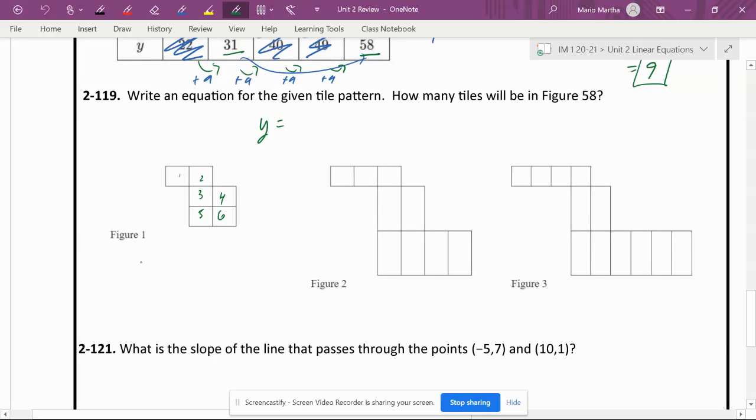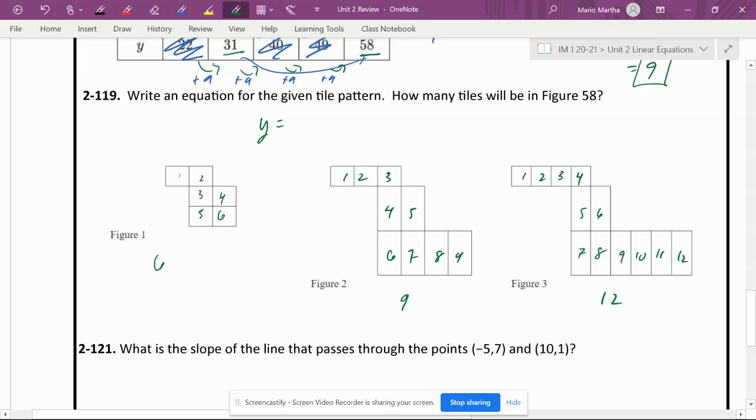Figure 1 has 6 squares, or 6 tiles. And then we do the same thing. We count the ones in figure 2: 1, 2, 3, 4, 5, 6, 7, 8, 9. So that's 9. And figure 3: 1, 2, 3, 4, 5, 6, 7, 8, 9, 10, 11, 12.